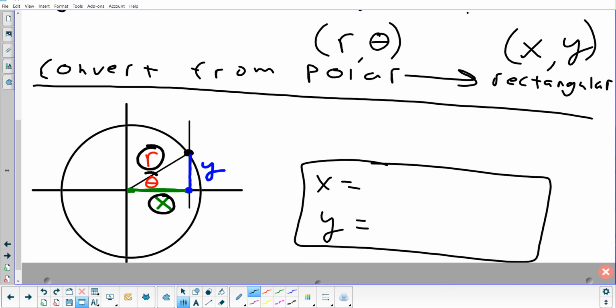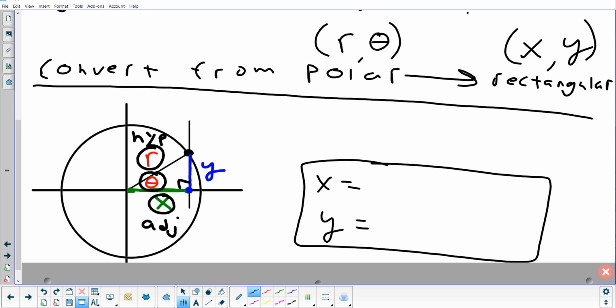X, r, theta. What side is x relative to theta? What's its position? Yep, it's adjacent. And what about the r? Yep, hypotenuse.